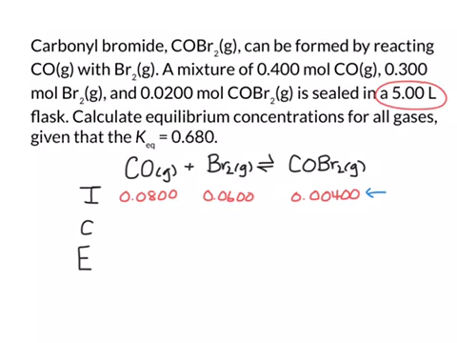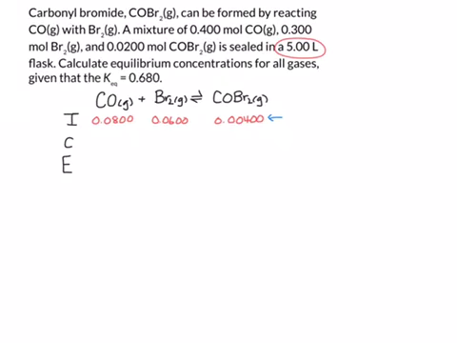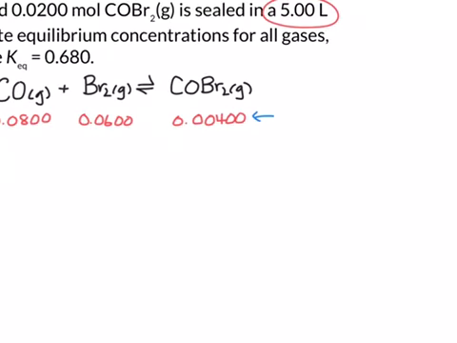So we need to do a little bit of math to start. So we're going to calculate something called the reaction quotient. So this is given by the letter Q, and it's calculated the same as the equilibrium constant. So products over reactants.